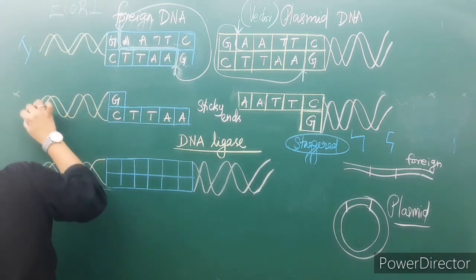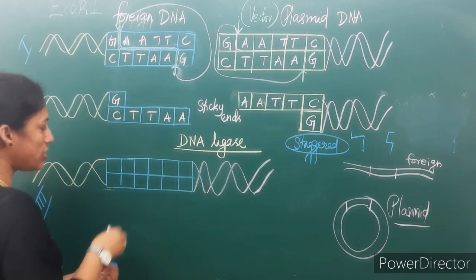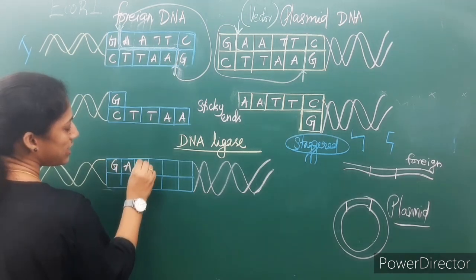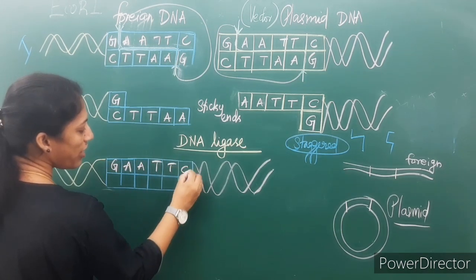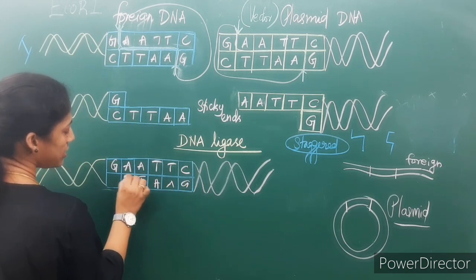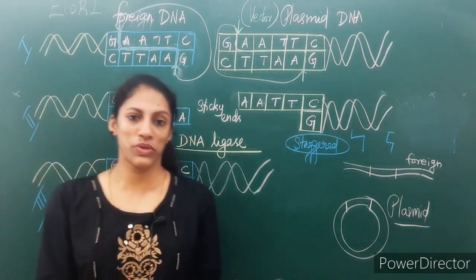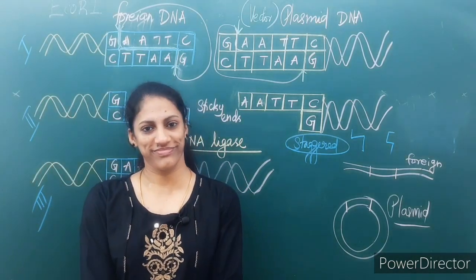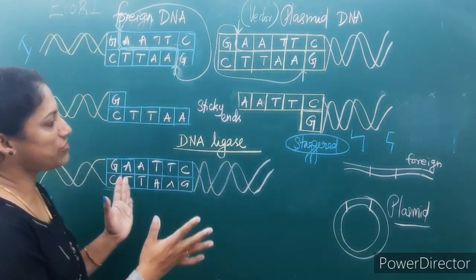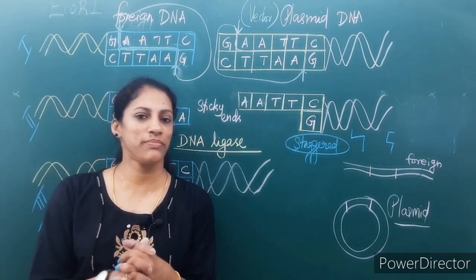So the first step, second step, and the third step is joining of this using the DNA ligase enzyme. So we have joined both the strands very easily with DNA ligase since the action has produced sticky ends. So this diagram gives you a better idea about how the restriction enzymes act.